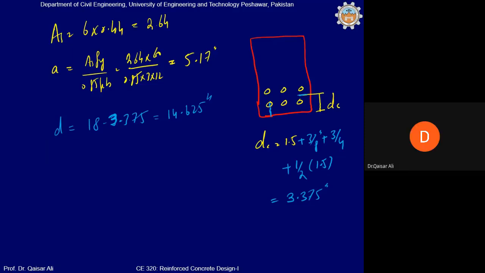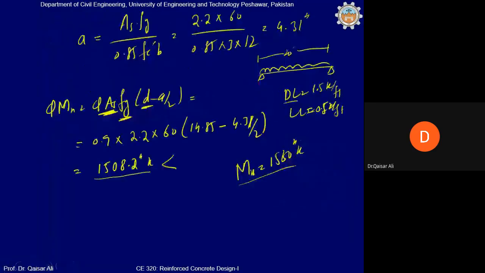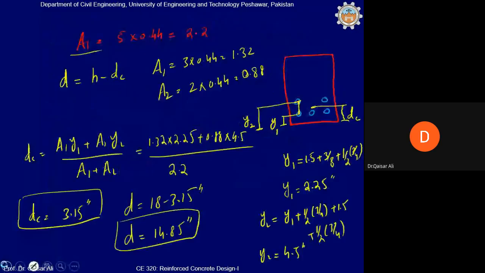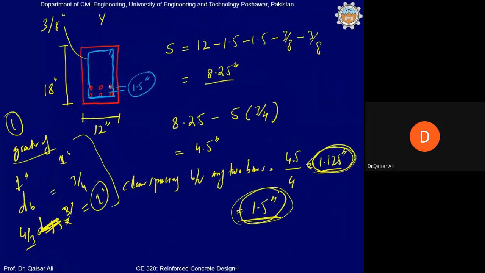Yes, if you look at the second layer, if you have two bars, like we were discussing in the previous case, if you are having only these two bars, you can maintain this clear distance by binding these two bars with a bending wire with the stirrup legs.